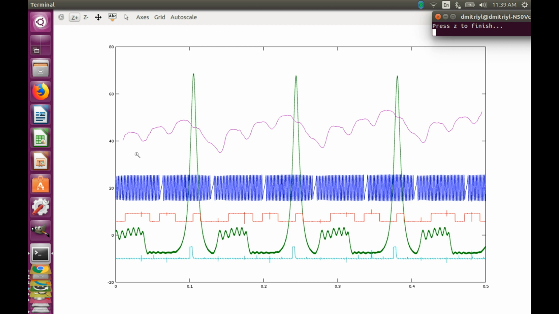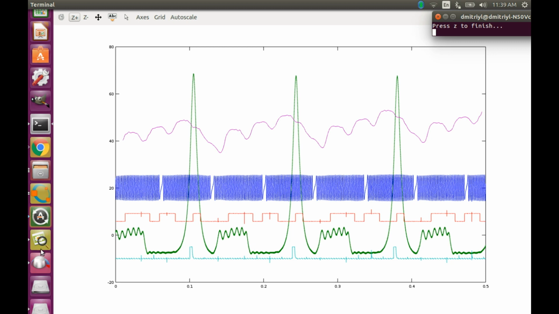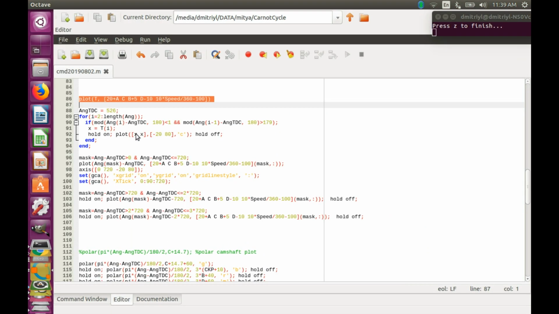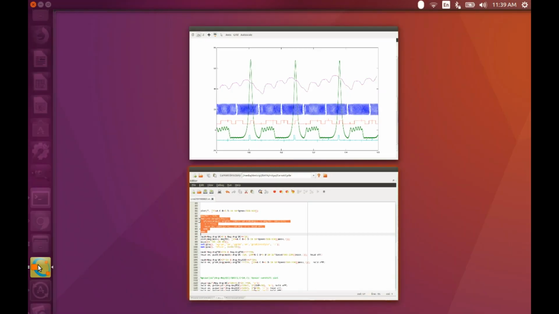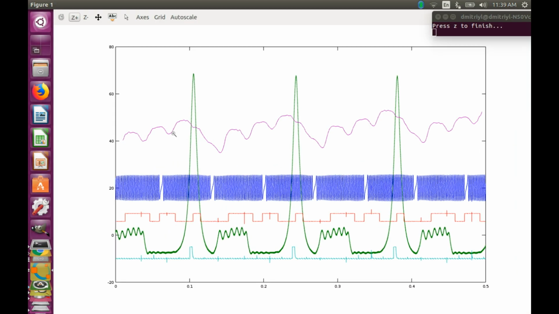To confirm that the angular positions are correct, let's add the phase rulers. I'm using not a particularly optimized algorithm for that, so it will take a while. But we can already start looking at what happens when the cylinder is approaching the TDC.